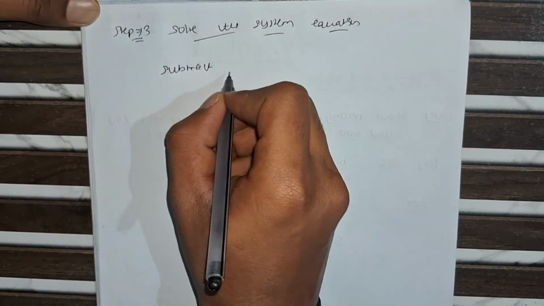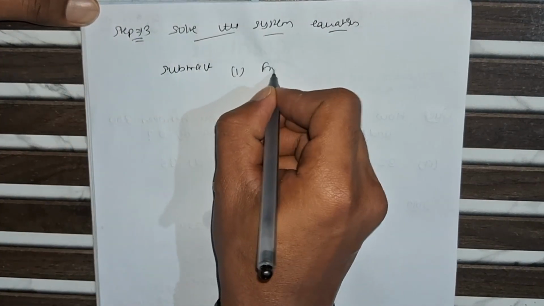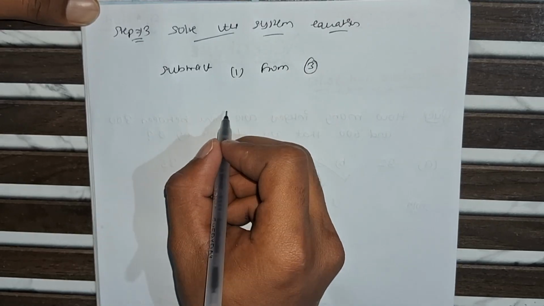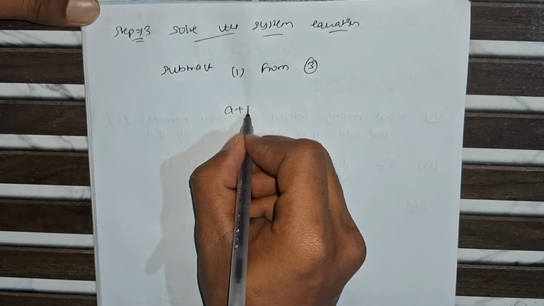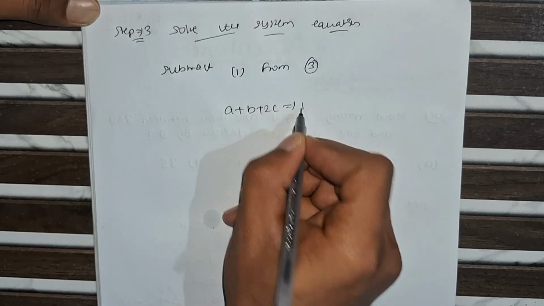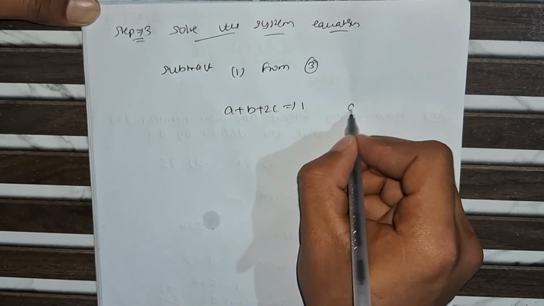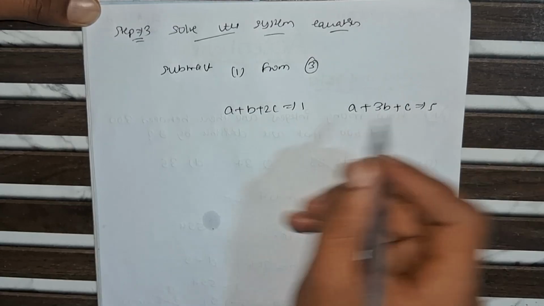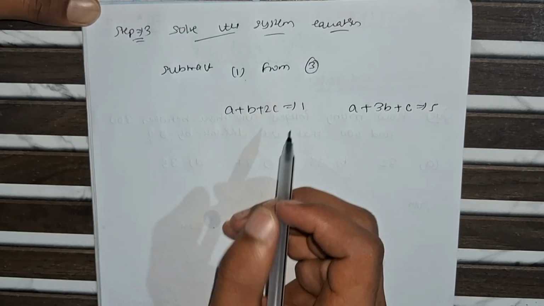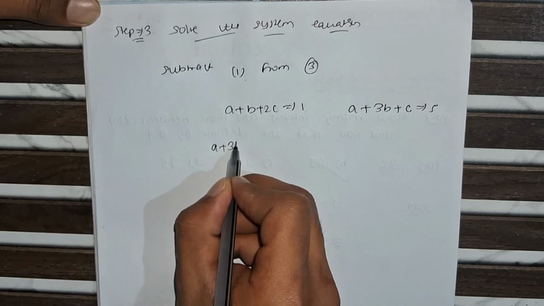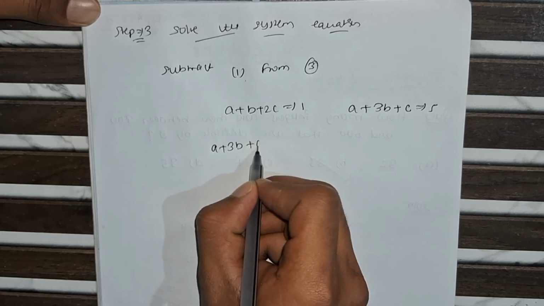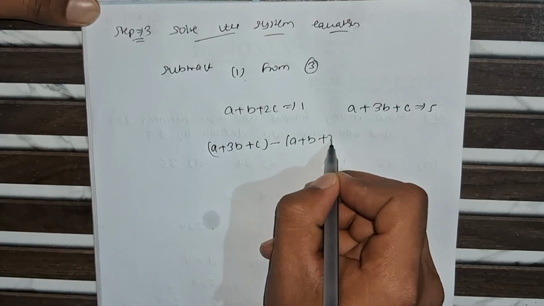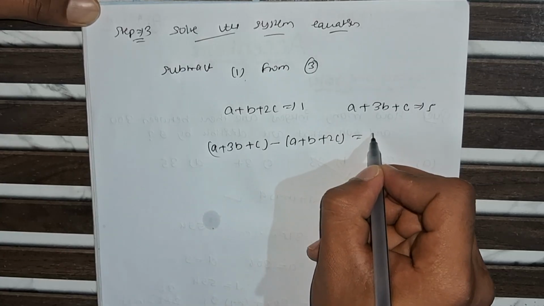Subtract the first equation from the third. The first equation is a plus b plus 2c equals 1, and the third equation is a plus 3b plus c equals 5. So (a plus 3b plus c) minus (a plus b plus 2c) equals 5 minus 1.